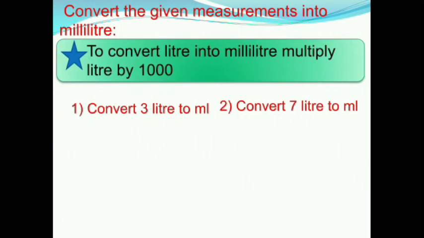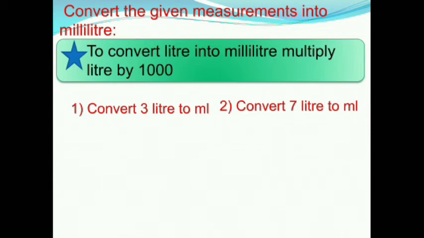Now we should convert the given measurements into milliliter. To convert liter into milliliter, multiply liter by 1000. Children, see the first question. Convert 3 liter to milliliter. Remember children, 1 liter is equals to how many milliliters?